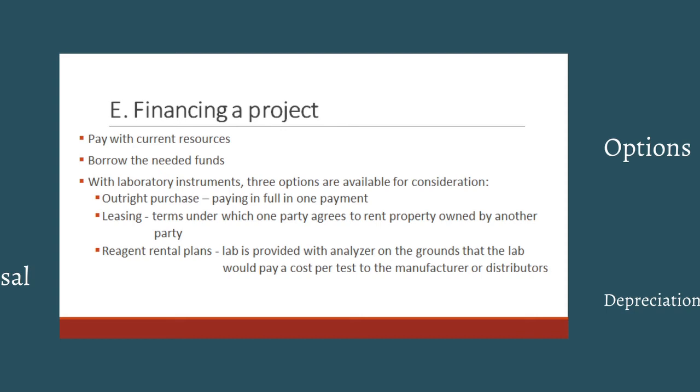Leasing is a term under which one party agrees to rent property owned by another party, while the agent rental plan is where the laboratory is provided with an analyzer on the grounds that the laboratory would pay a cost per test to the manufacturer or the distributors of the analyzer.